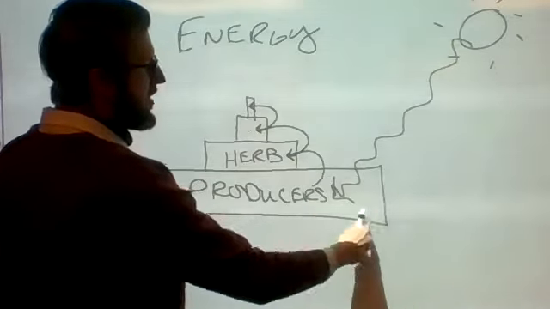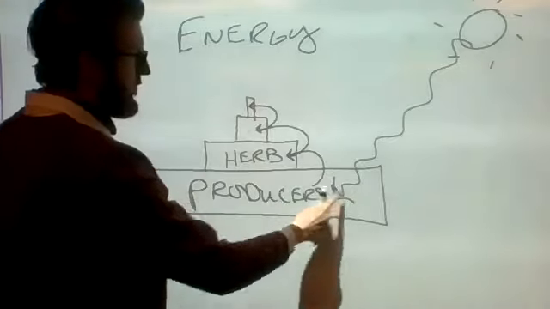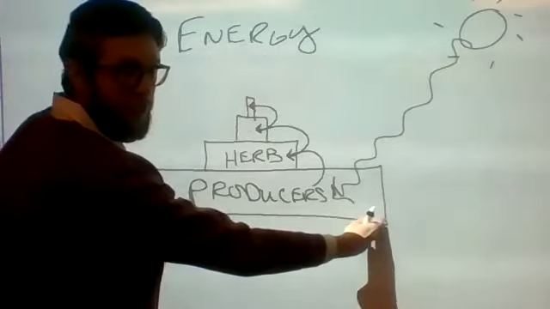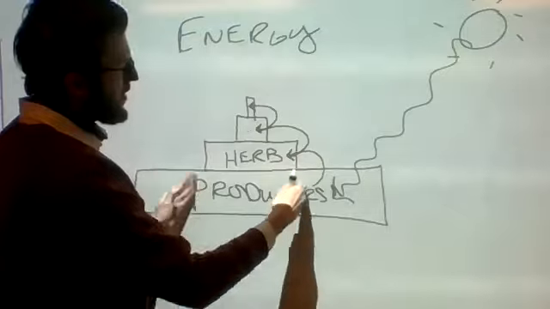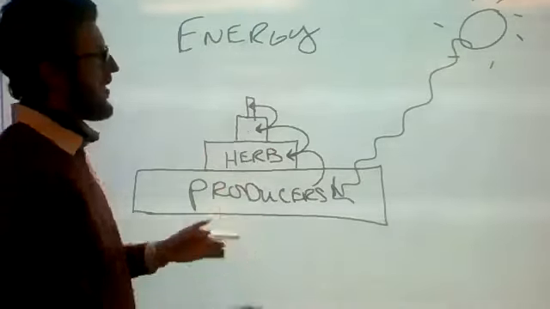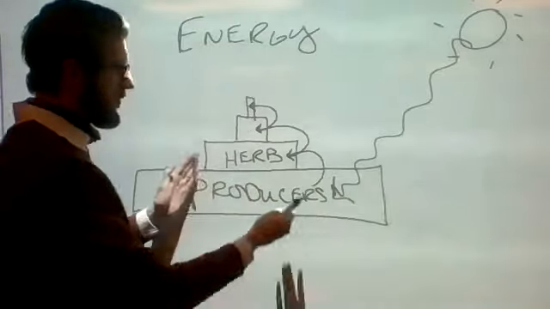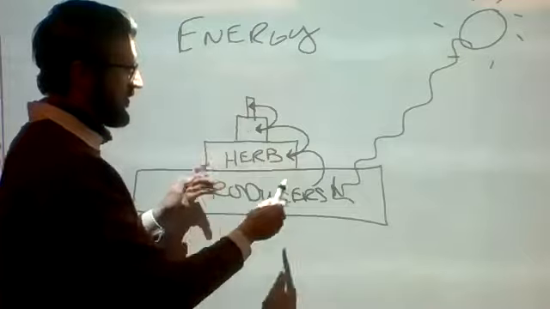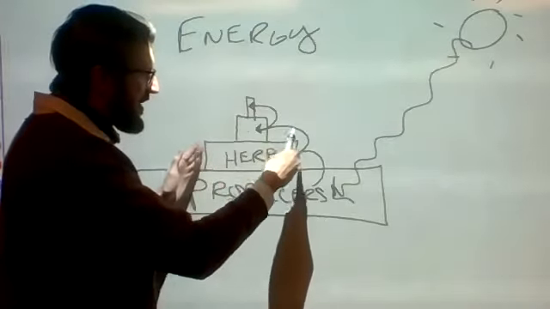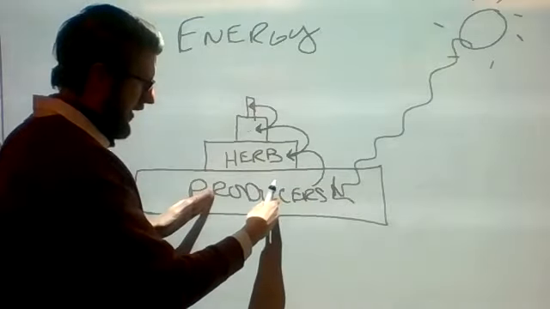So the size of these boxes represents how much energy is in that level. So you have a lot of energy here, and once the herbivores, which are the animals that eat plants, steal the energy from the producers, you'll notice that there's less energy in this level than in the level below it.